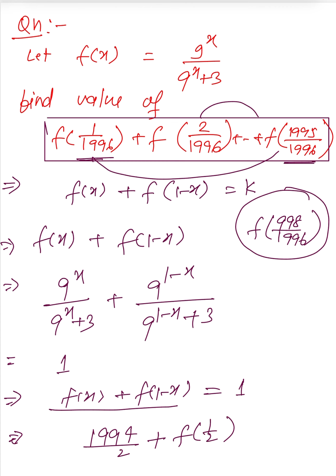So finally you have to find the value of this, and f of half is equal to half. So finally the answer is, I think it is 997, not 999. It is 997 plus half. So finally 997.5 is the final answer.